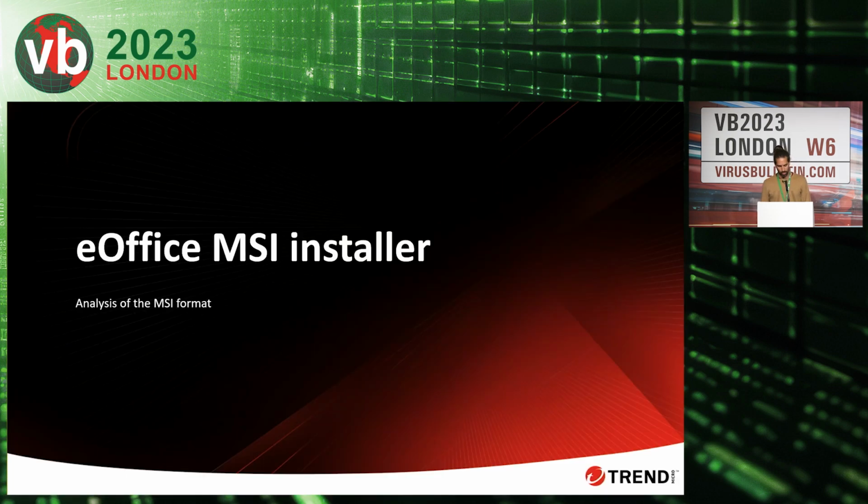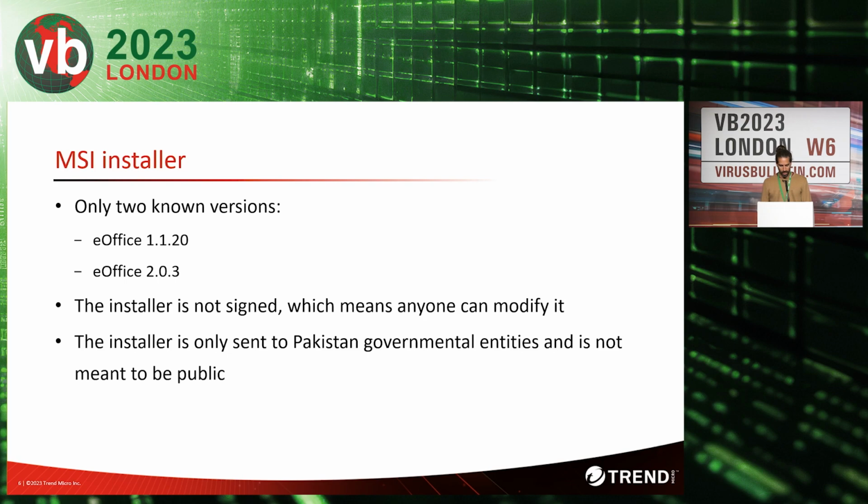So let's see now a bit of the MSI format. We searched for this eOffice application and only found two versions of it. The old one was 1.1.20 and the newer one was 2.03. The malicious installer we found delivered the newest version. Very important to note is that the installer is not signed.